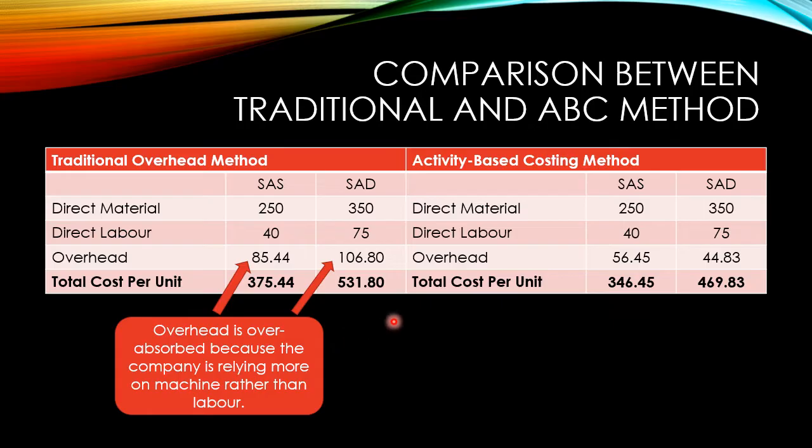So we can clearly see that the overhead is over-absorbed using the traditional method, because the company is relying more on machines rather than labor. The company does not have as much labor as they thought they had, and that's why they have over-absorbed their overhead.